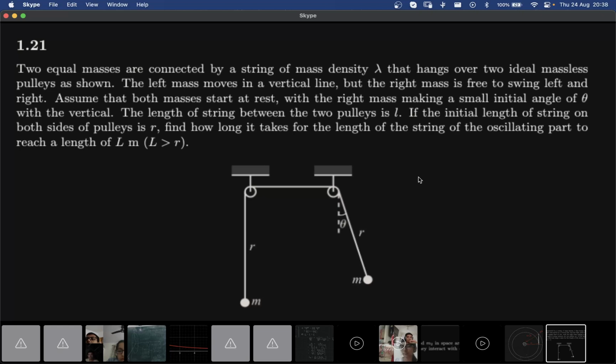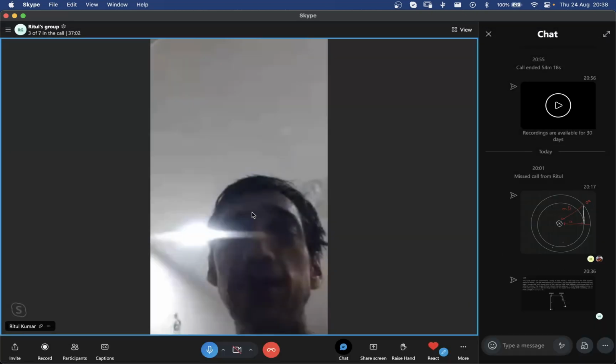The initial length of the string on both sides of the pulley is capital L, and capital L is greater than the rest.